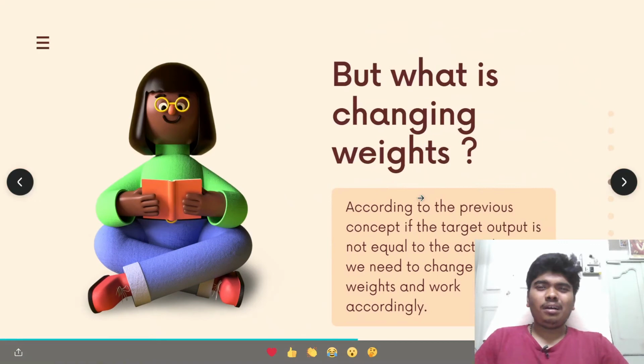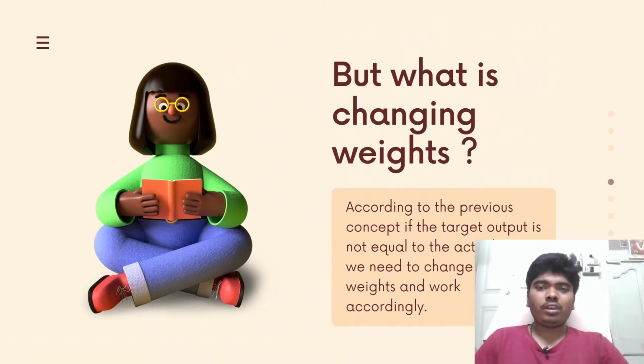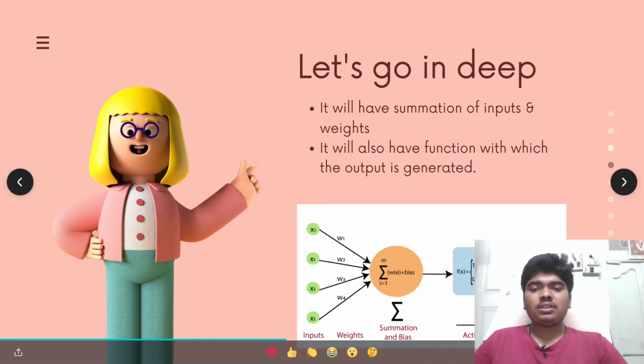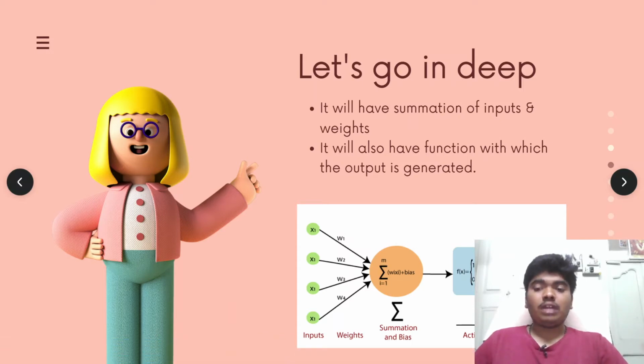But why are we talking about changing weights? Before the process gets completed, we will have some target values. The things which come out of the output are the actual output, whereas we assume some values, which are the target outputs.